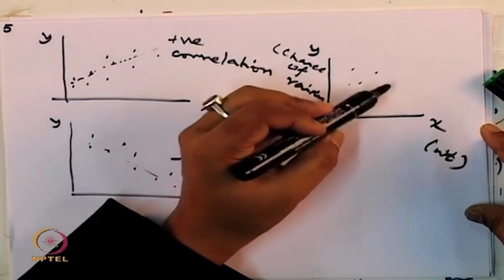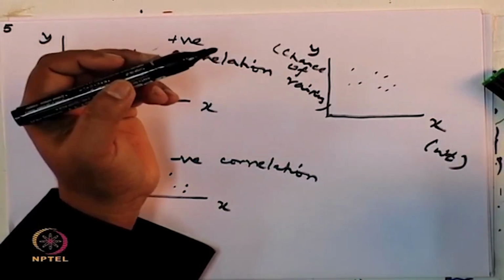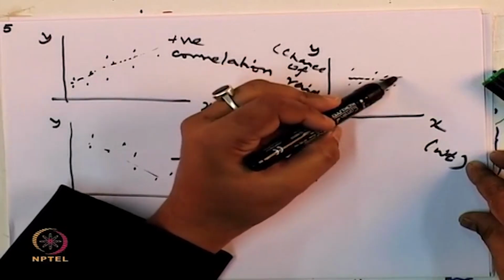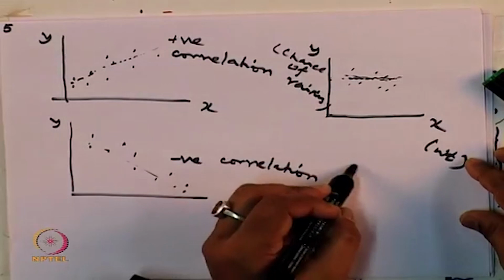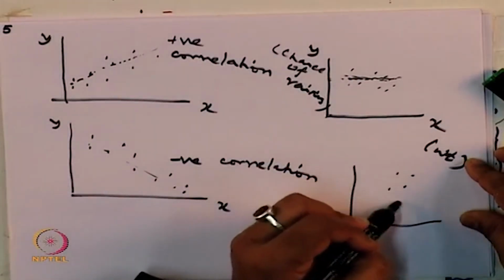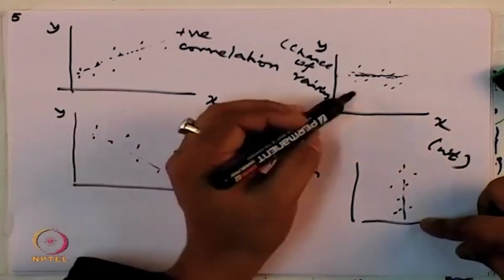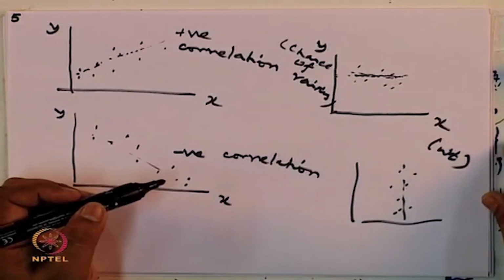We can clearly see that there is expected to be no correlation between these two. So, in that case, if I draw a line, the line will almost look either horizontal, or in some other case almost completely vertical. So, these are cases where there is no correlation between x and y.